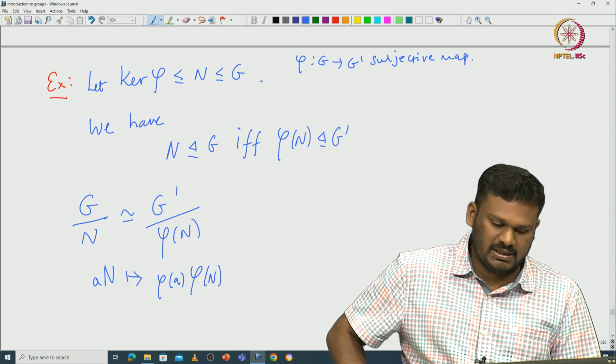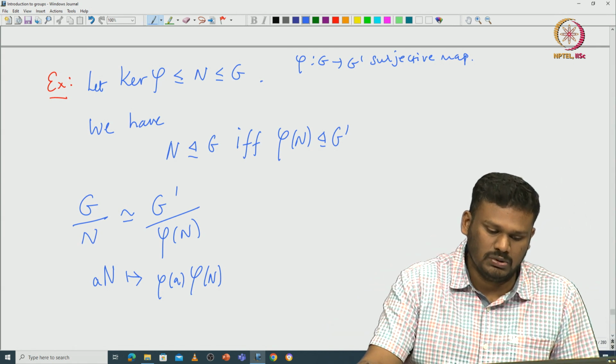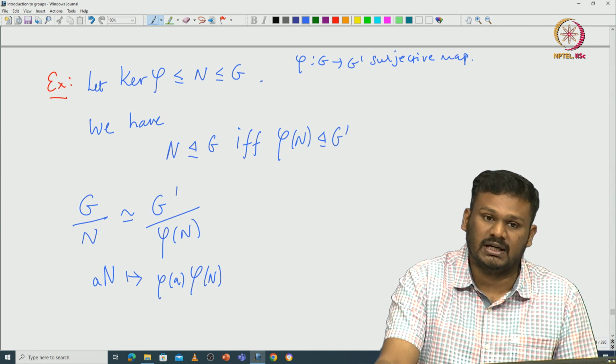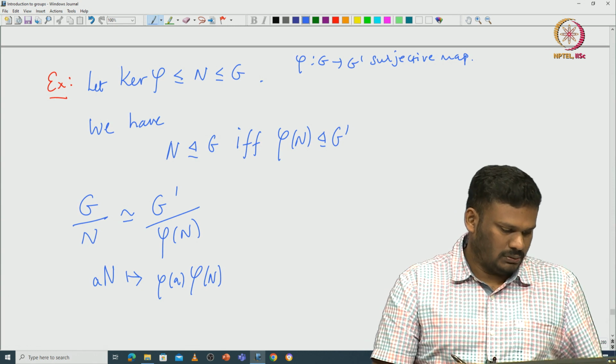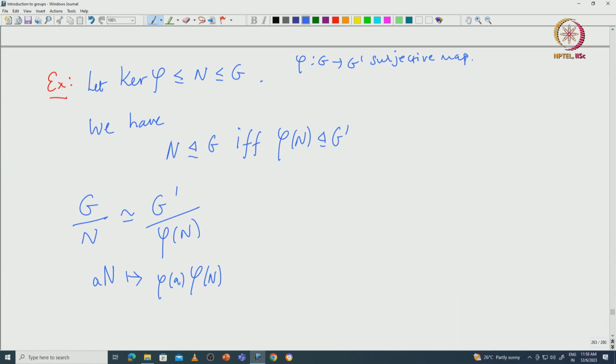You have to establish a map from G to G dash modulo phi of N whose kernel is N. That is something easy to do; I will leave it to you to check. So I will stop now. I will continue with the second and third isomorphism theorems later, in the next classes. Thank you.